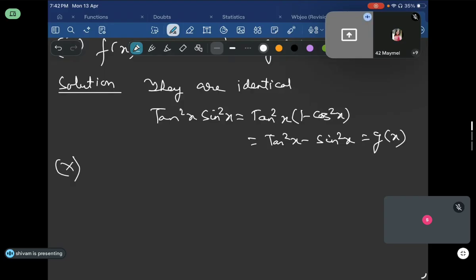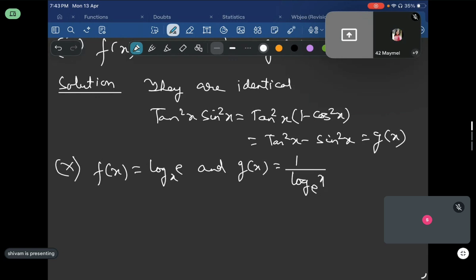Tell me, everyone, this one. f of x is equal to log x to the base e and g of x is equal to 1 by log e to the base x. Raise your hand. Are they identical?